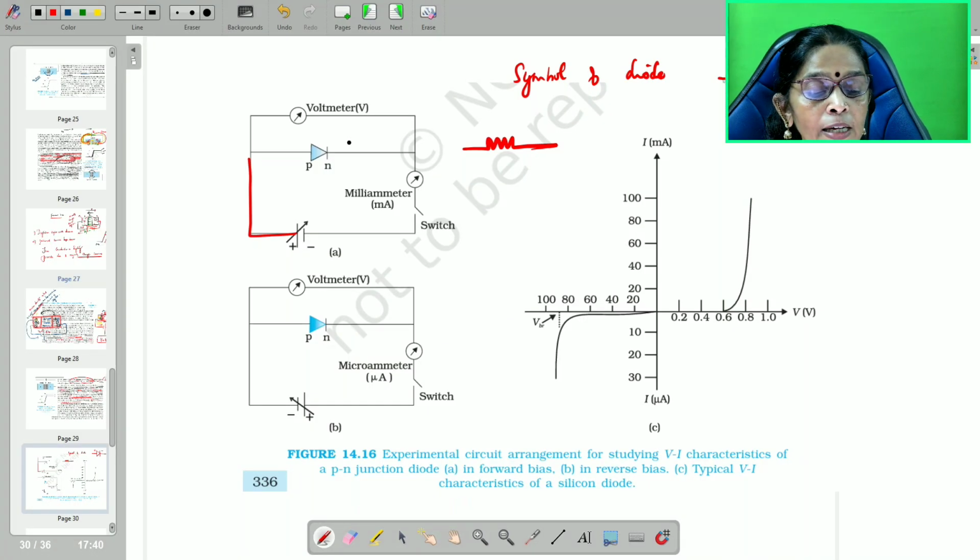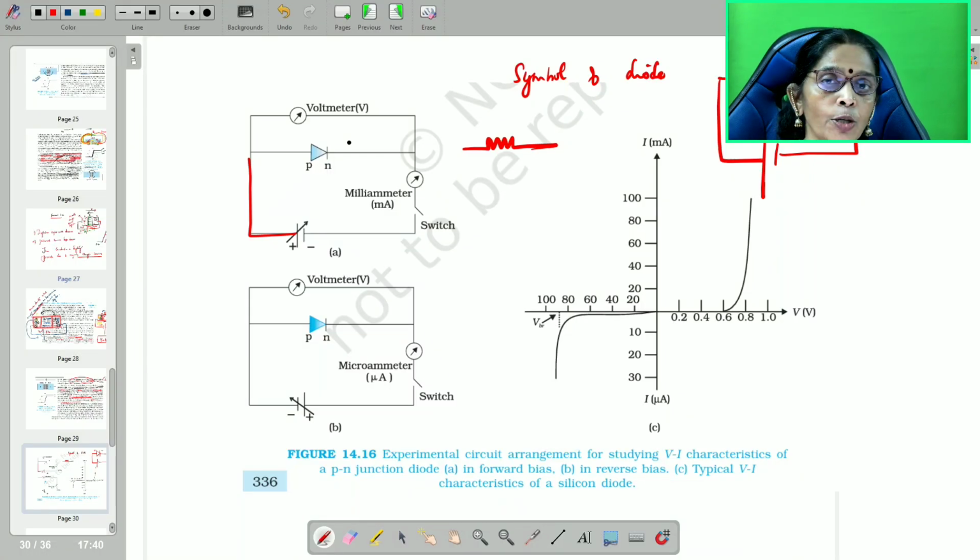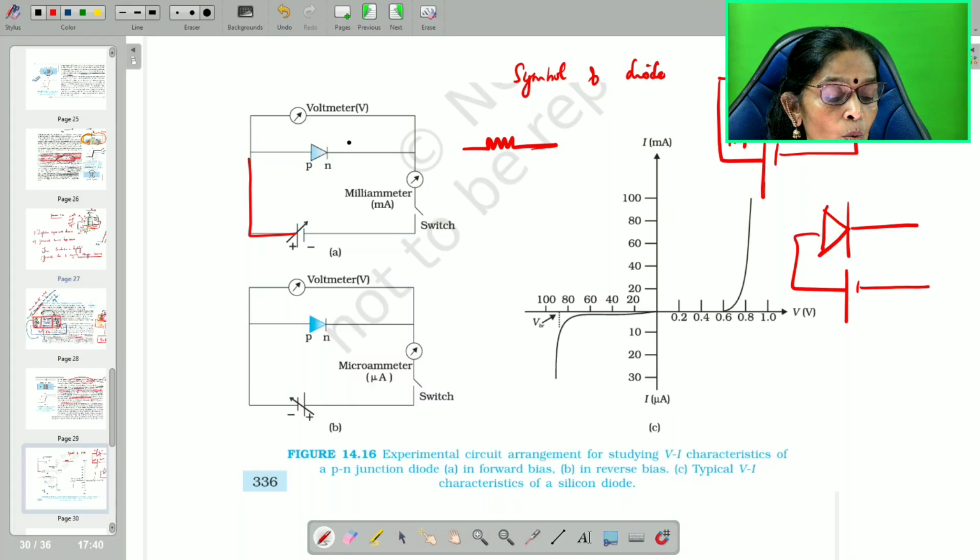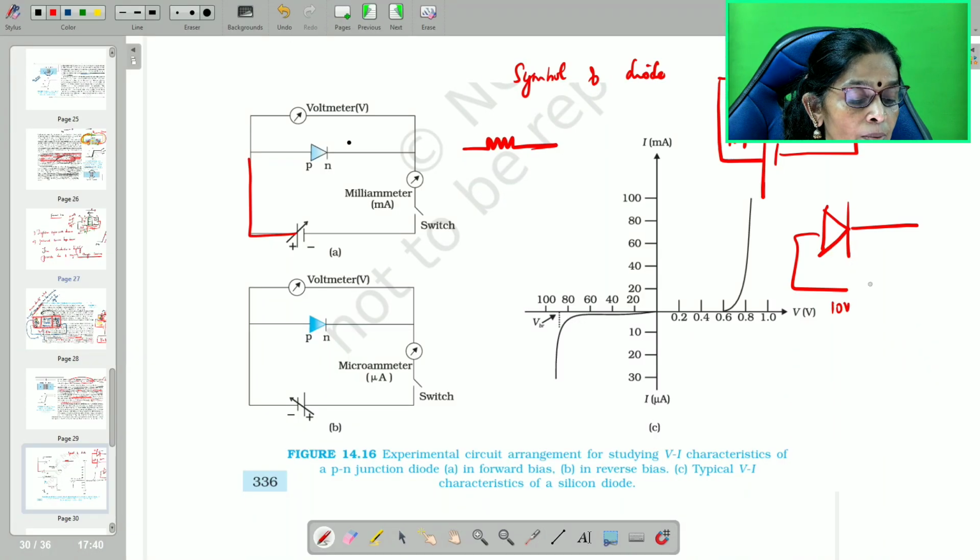And if you give forward bias, positive to positive, negative to negative. But while you're writing, you should not say positive to positive, negative to negative. You should say P end to higher potential and N end to lower potential. Suppose, for example, I give this, what type of biasing is that? I am going to give 10 volts here, and 2 volts here.